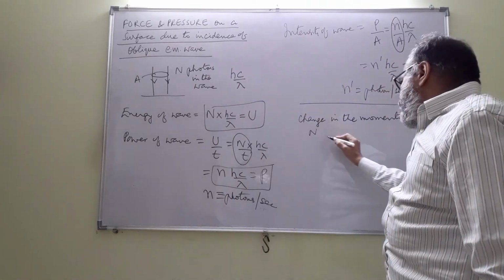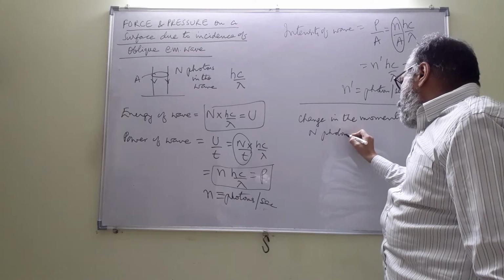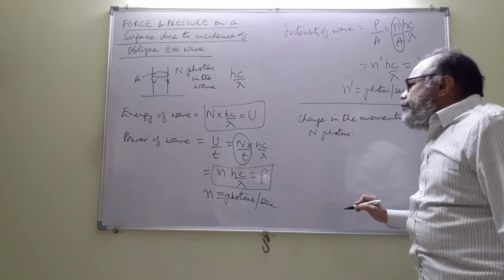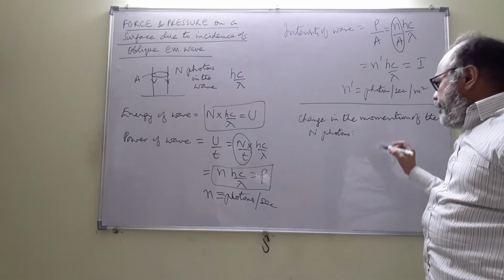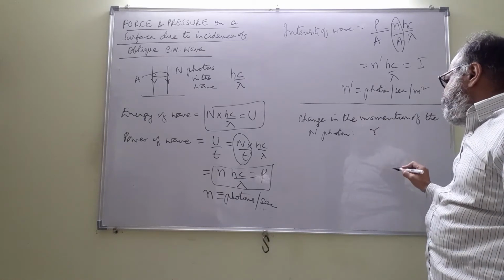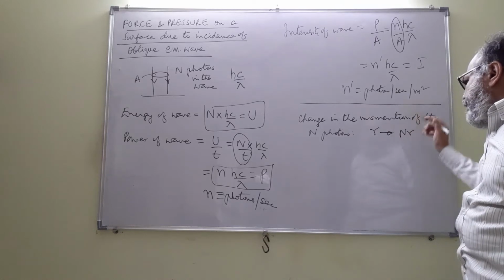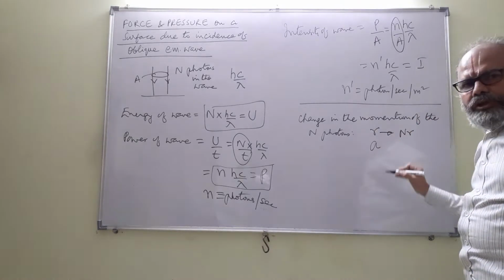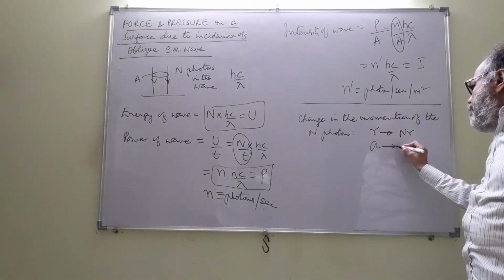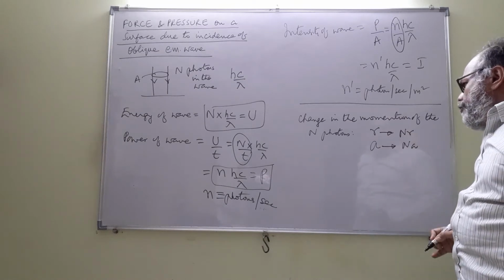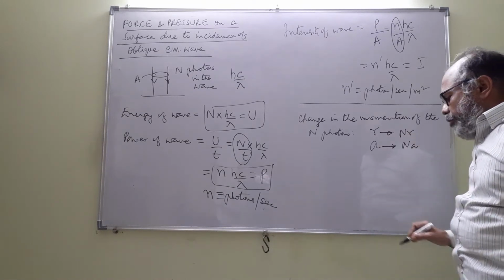If the reflection coefficient is R, nR photons will get reflected, and if the absorption coefficient is A, n into A photons will get absorbed.